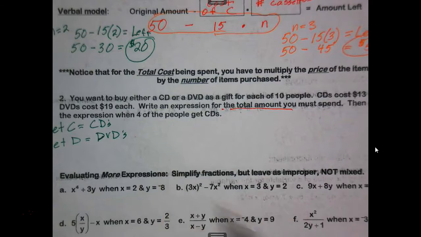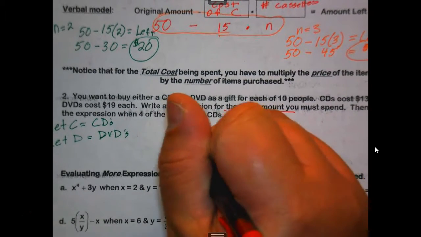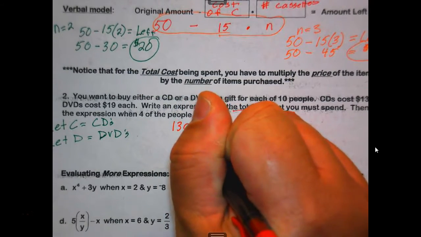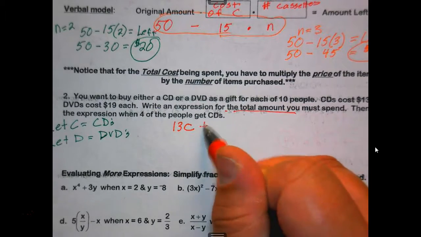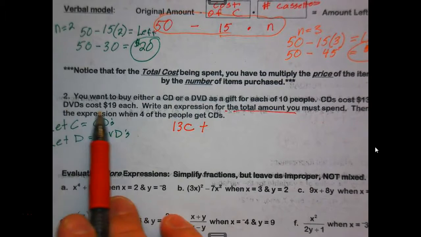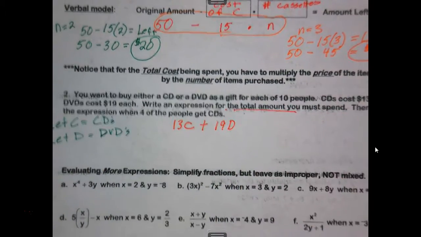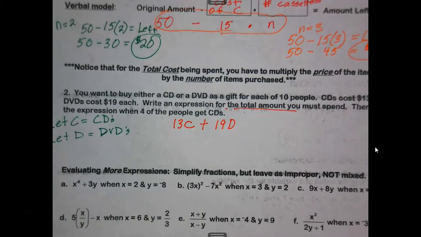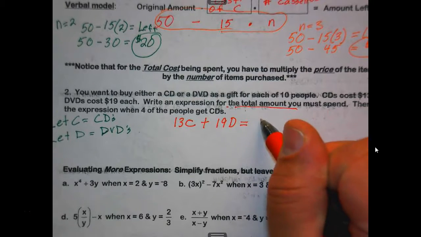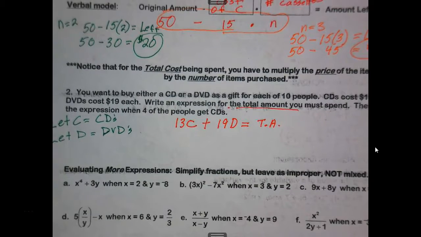What's the price of the CDs? 13 bucks. So 13 times the number of CDs, there's C. I'm going to add to it the cost of the DVDs, 19 times D. So there's my expression. I'm going to make an equation out of it with an equal sign for the total amount. Now I have an equation.